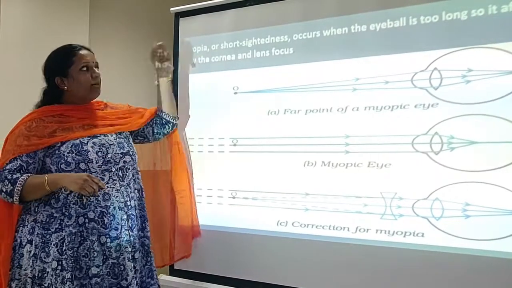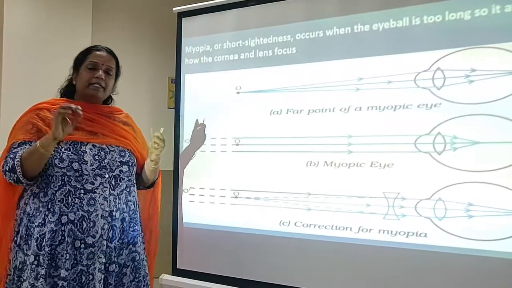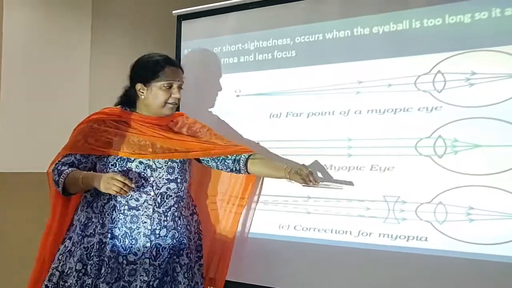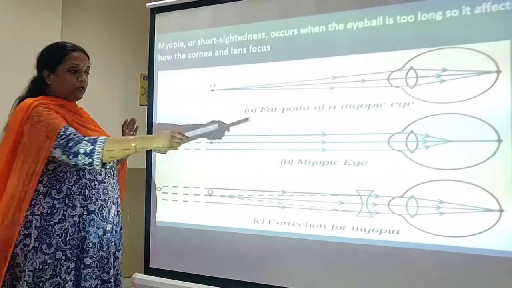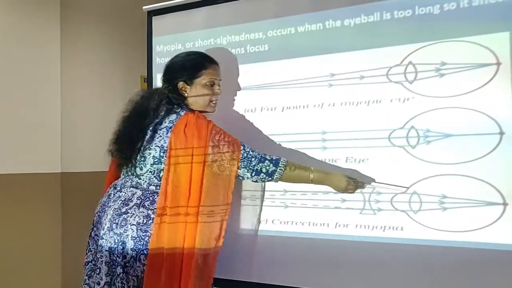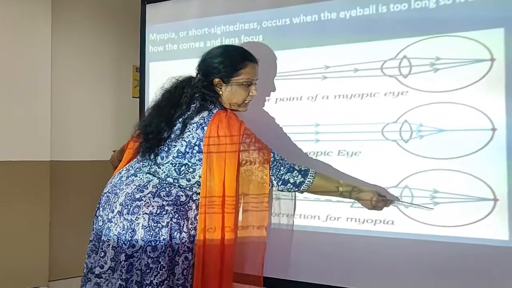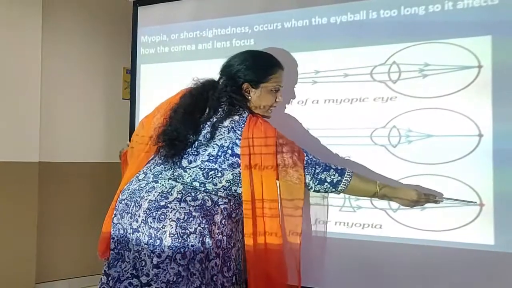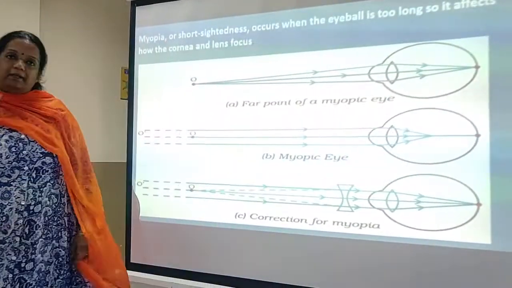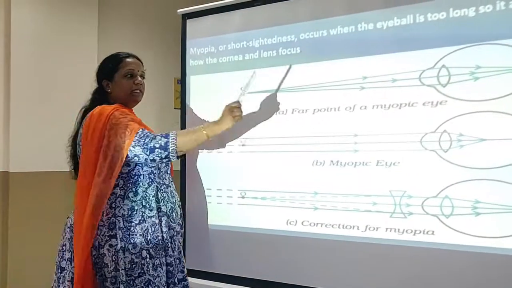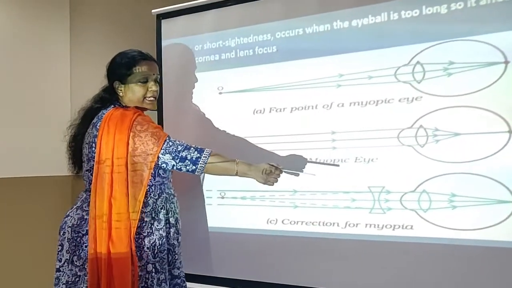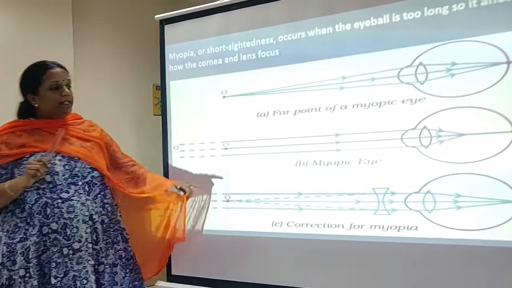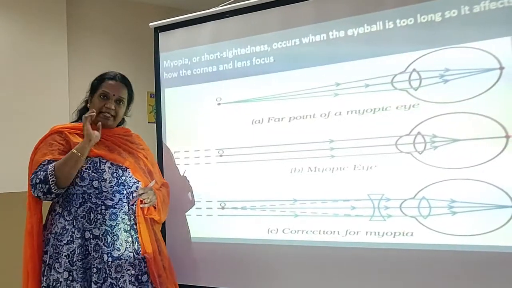So people suffering from myopia are advised spectacles with concave lens in them, and this concave lens, as you can see here, has spread out the light rays, has diverged them, and now the image is again formed on the retina, right? So what was earlier the defect has been effectively corrected using a concave lens.